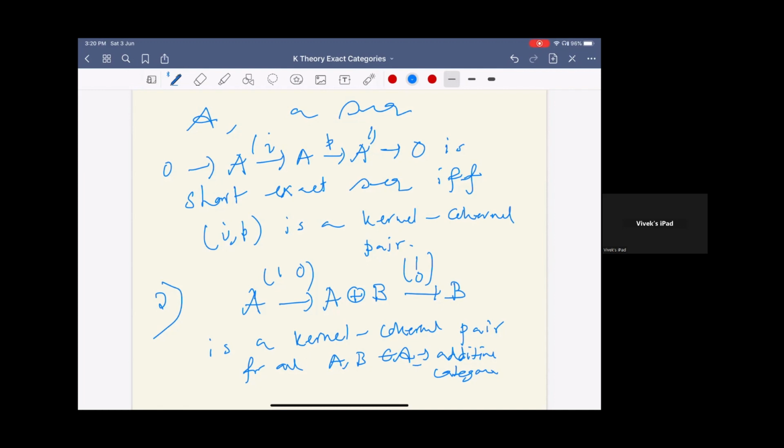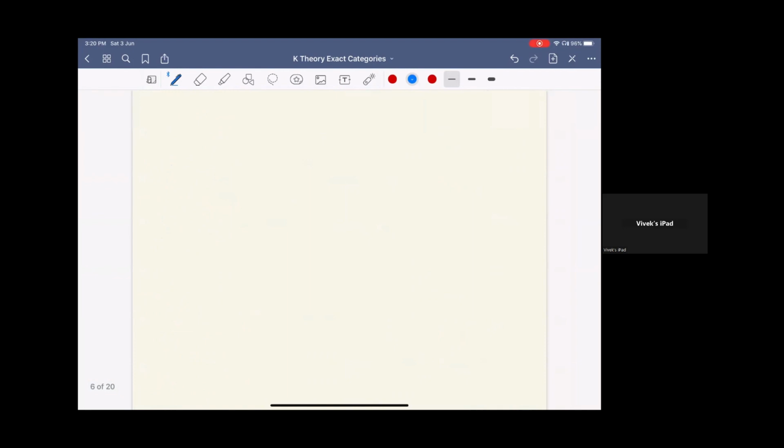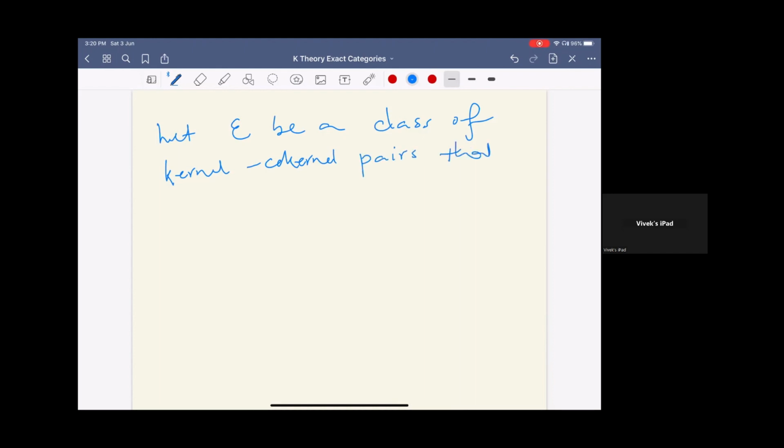So what is that exact structure? Let epsilon be a class of kernel-cokernel pairs that is closed under isomorphism.